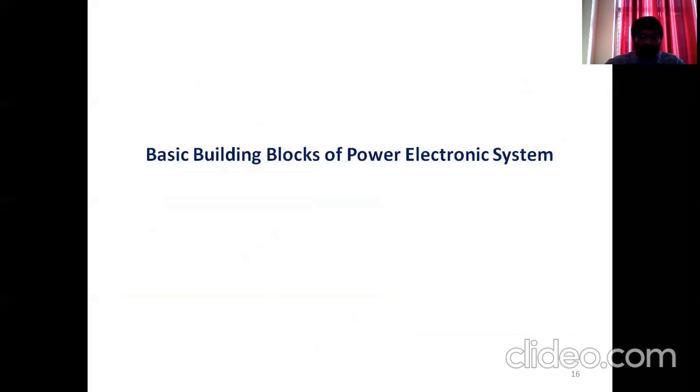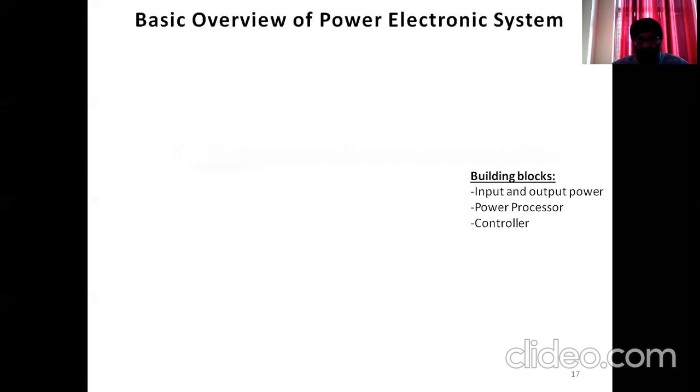Okay, so now we have already understood the goals of power electronics, the concepts of power electronics and the definitions. Now, based on these definitions, we can decide upon the basic building blocks of a power electronic system.